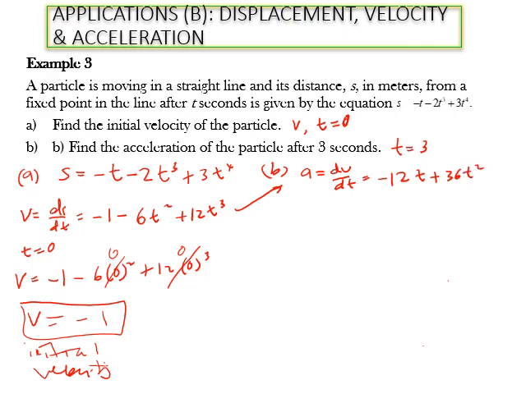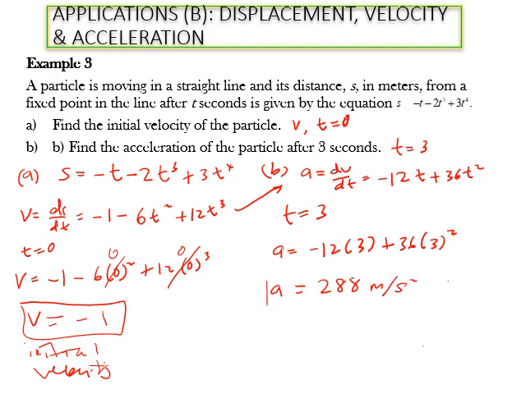Now t equals 3, so we substitute t equals 3. The answer for this is 288 meter per second squared. Just now the unit was meter per second. So that's it, the connection between velocity, acceleration, and also displacement.